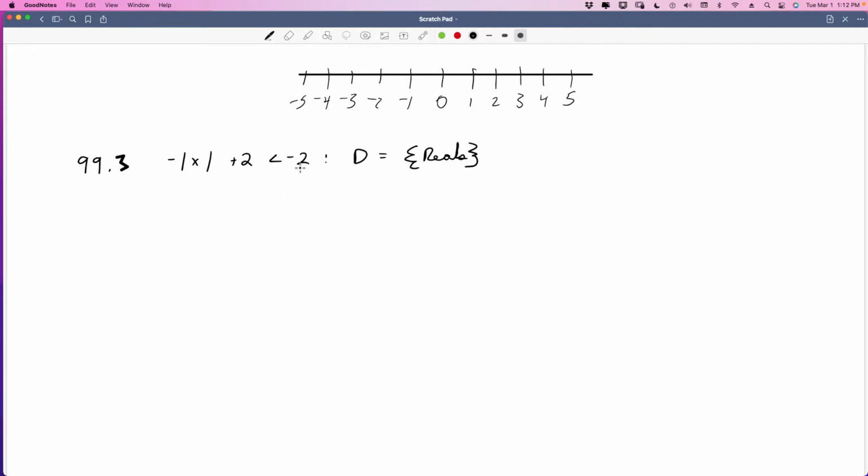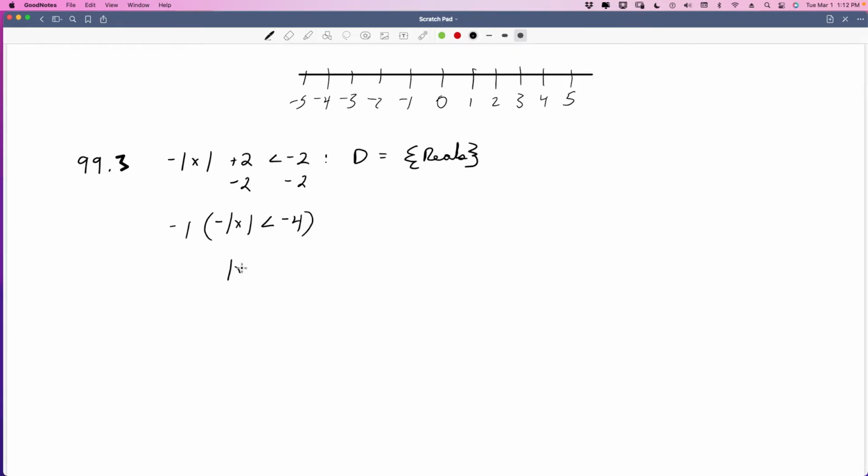Okay, so let's do what we normally do. We're going to subtract 2 from both sides because we want to get x by itself. So the negative absolute value of x is less than a negative 4. We don't like that, so we multiply by negative 1, which flips everything.